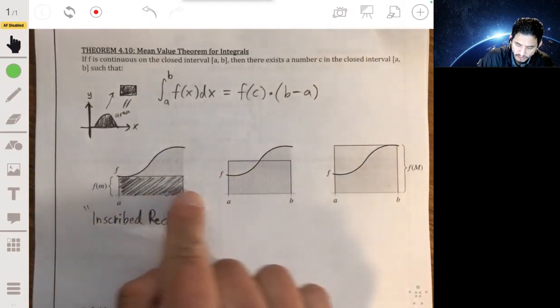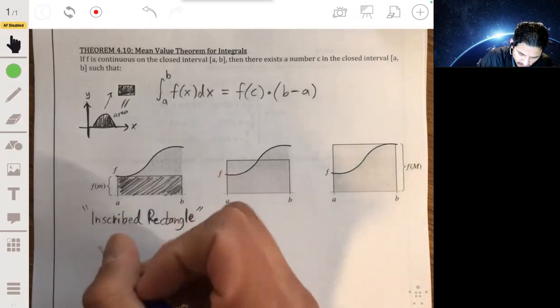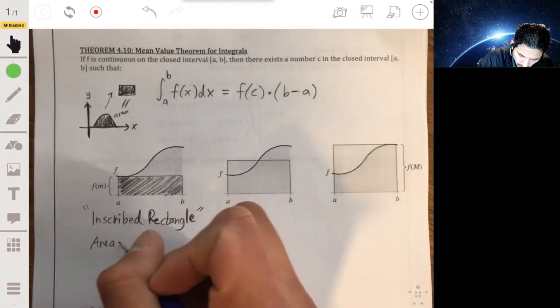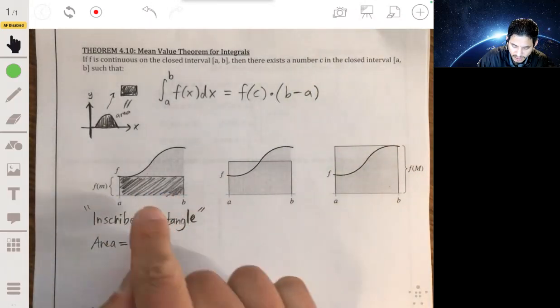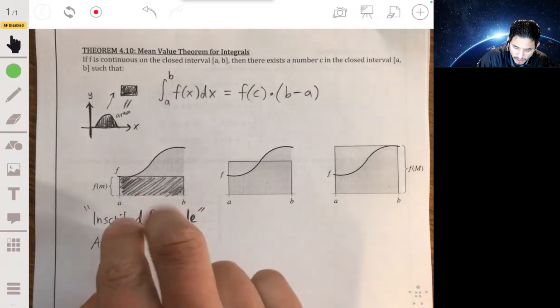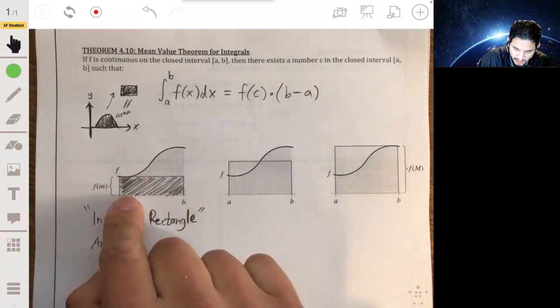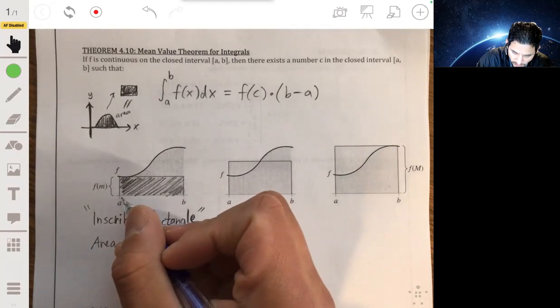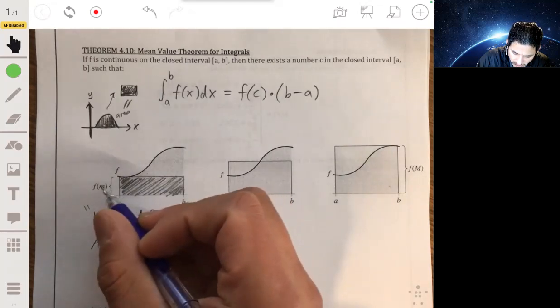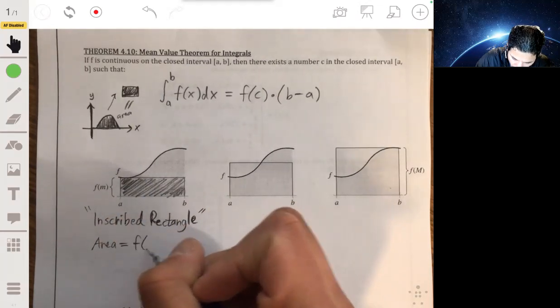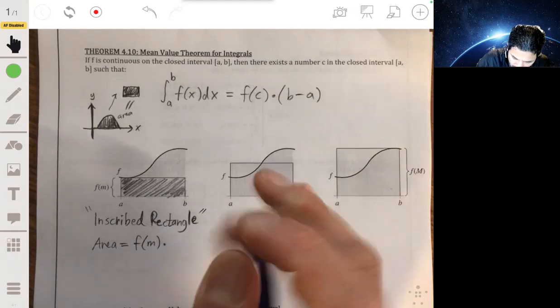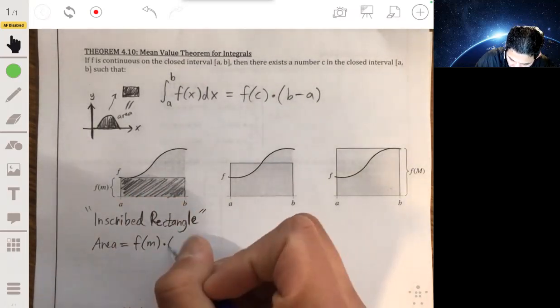Now, remember the area of this inscribed rectangle is the base times the height. The height of this is f of m. The base, or the width, is just b minus a.